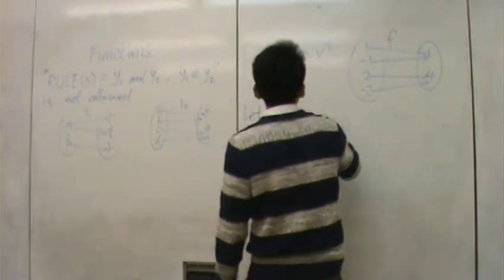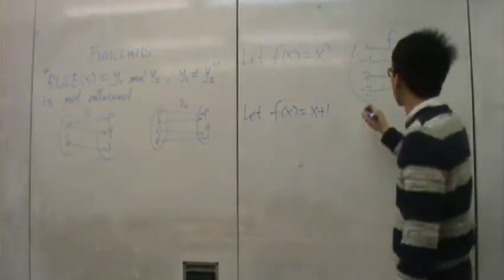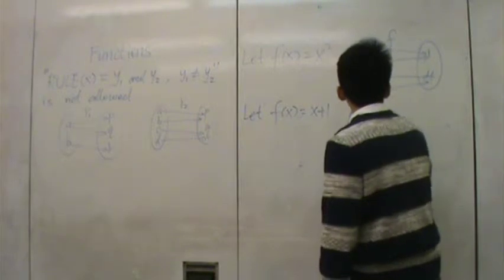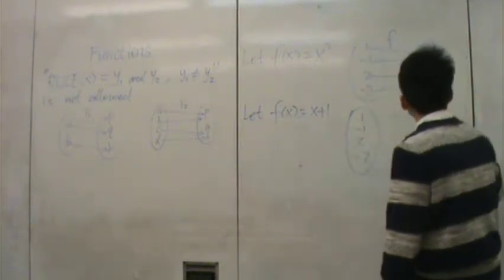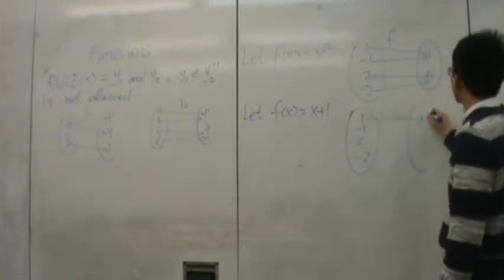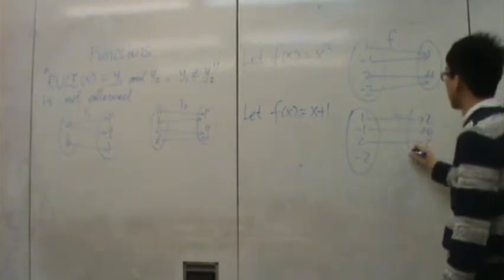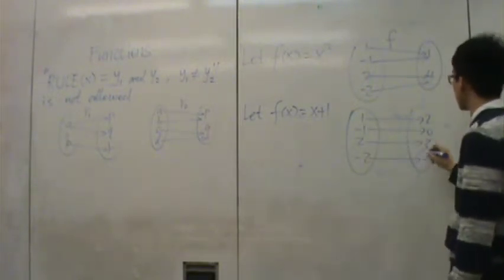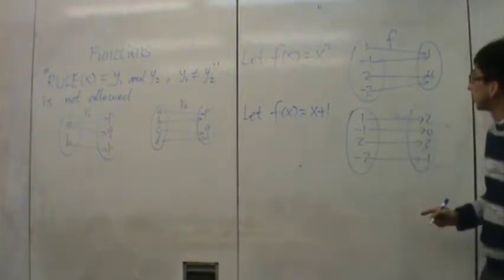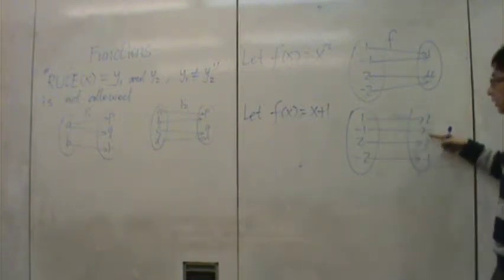What if we let f of x equals x plus 1? Consider the same set. Then 1 will be mapped to 2, and negative 1 to 0, 2 to 3, negative 2 to negative 1. From here we can see each element in this domain is mapped to a unique element in range.